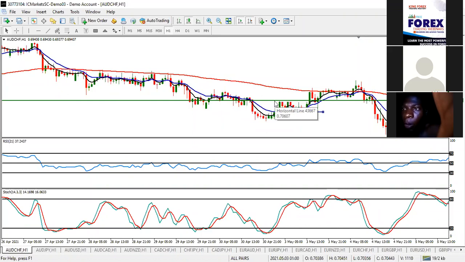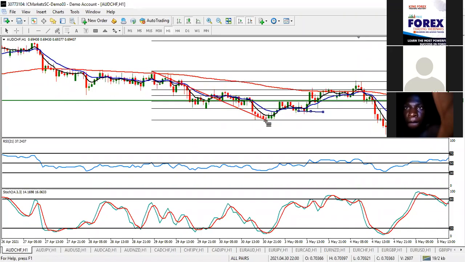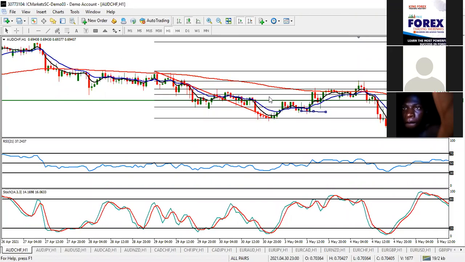Why is that? If we take a good measurement between this place down to this place, you will realize that it is not up to 50% retracement. This place where we have this horizontal line is not up to 50% retracement.